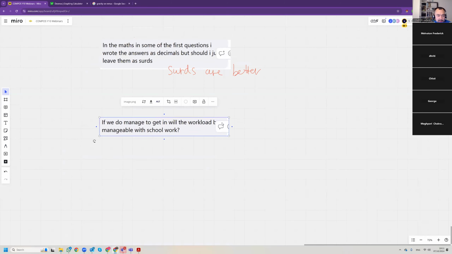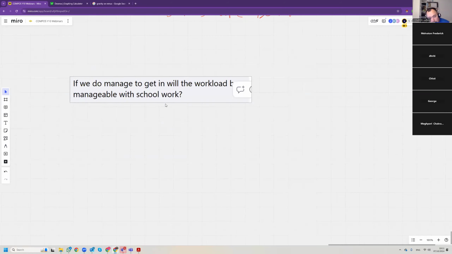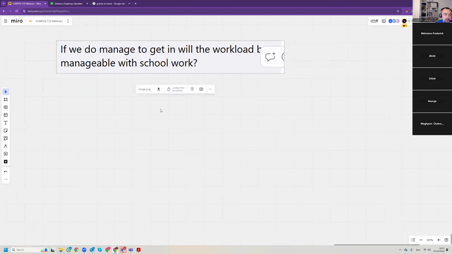What we found is that if you can keep up with Compos, school becomes really easy, right? So we expect 3 to 5 hours per week.